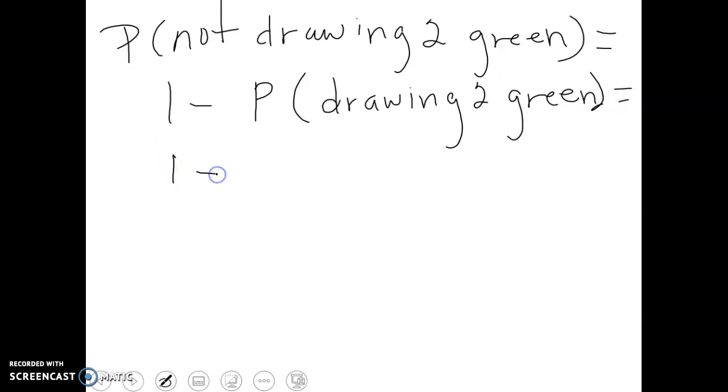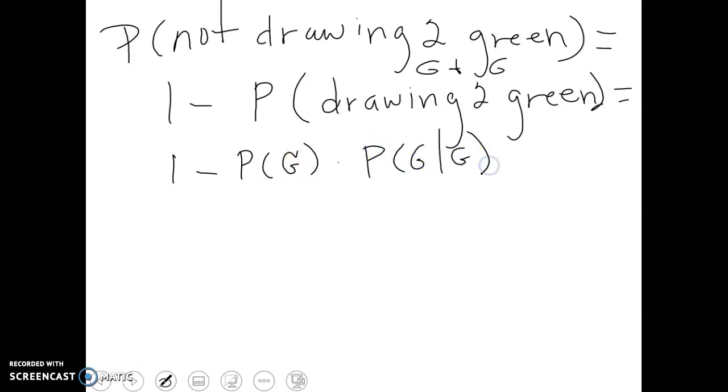And that would be the same as saying the probability of a green and a green. So the probability that the first one's a green times the probability that the second one's green, given that the first one was green.